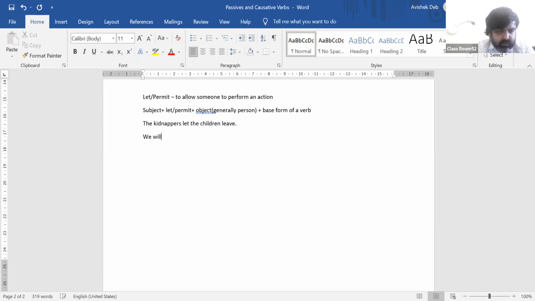We will. So here the base form of the verb, I am marking it with green.